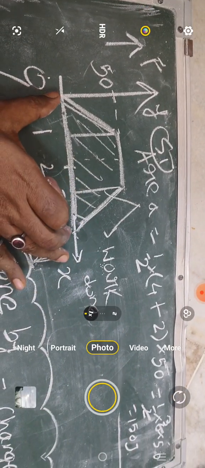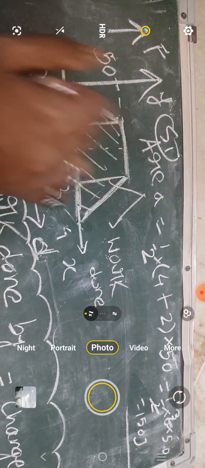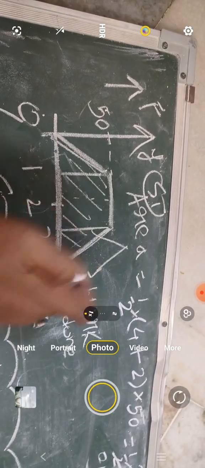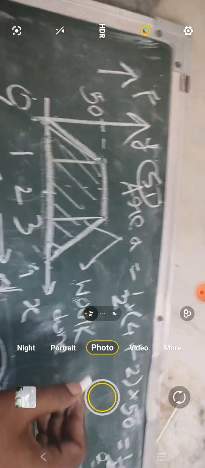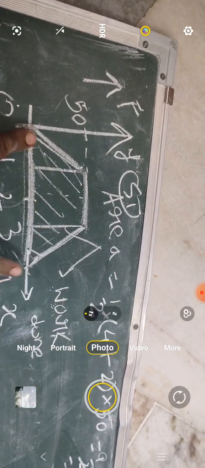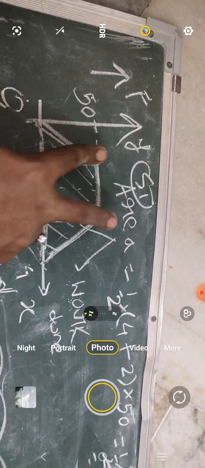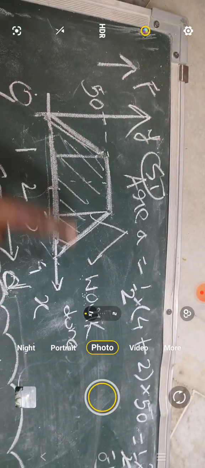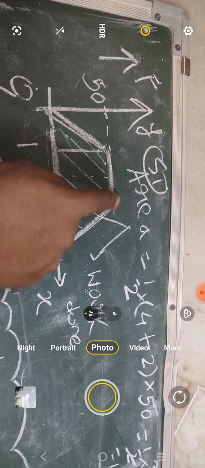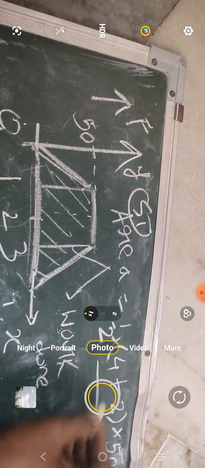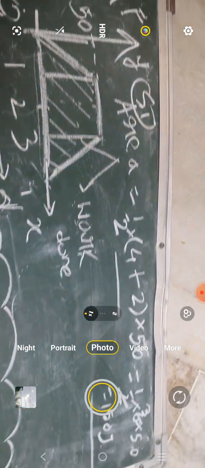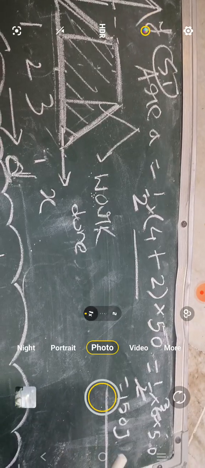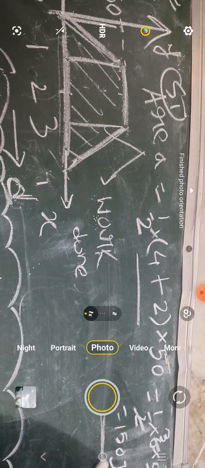This parallel side is 4 meter, this other parallel side is 3 minus 1, that is 2 meter. This is the height, and this is 50. So the area is half into (4 plus 2) into 50, that means 150 joule.